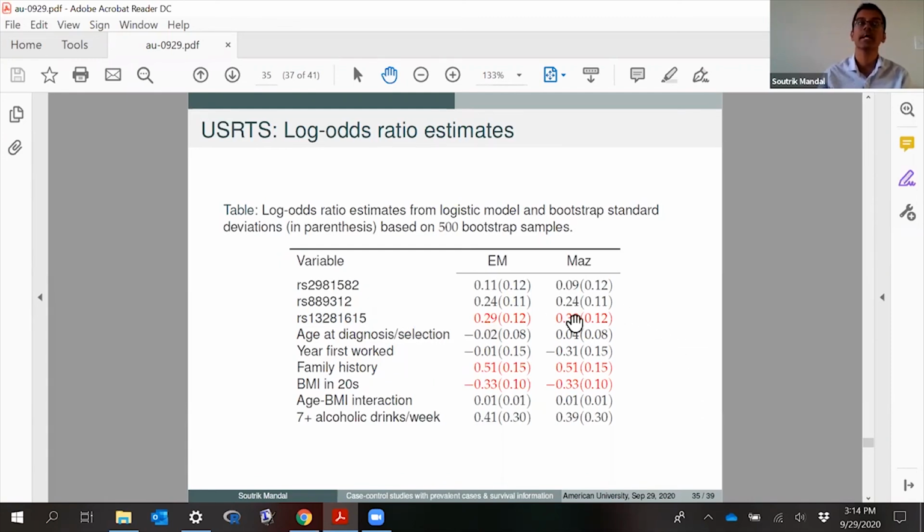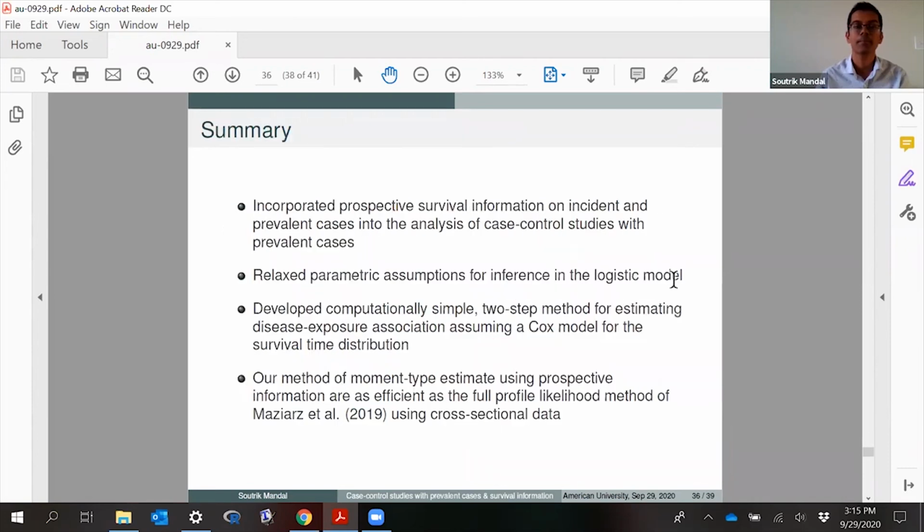So both methods identified the same variables. Mazier's did it using parametric assumptions. We did it without making the parametric assumptions and using prospective survival information. So the same parametric method identifies the same significant variables.